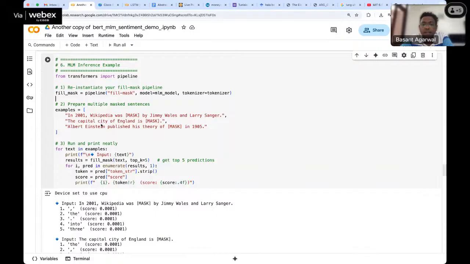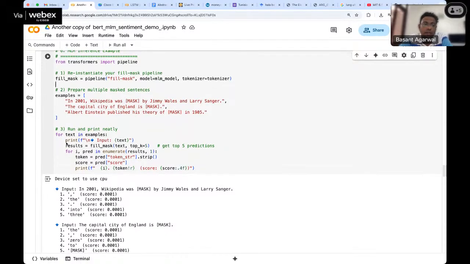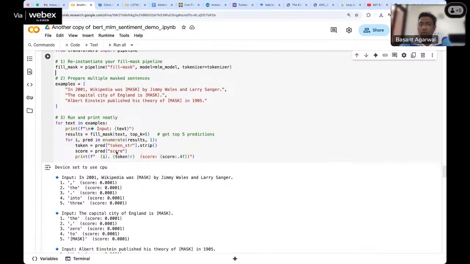We set these three examples with the masking and want to see how this BERT model is working. We run this code, and given the sentence, it produces the five best possible words which should be placed at the mask based on the training of the BERT model.